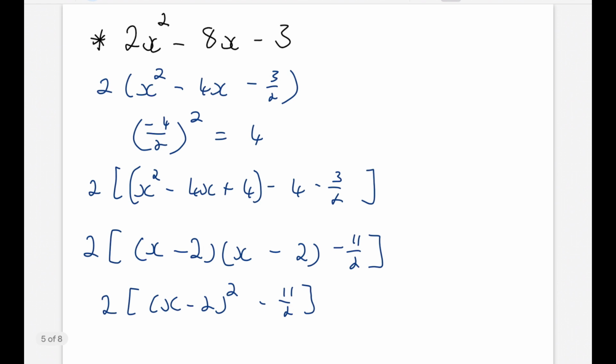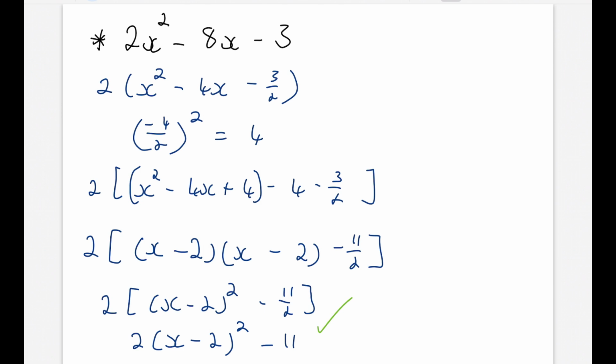Okay, now you need to introduce this 2 right in front of the bracket and to that other term over there. So the completed square would be 2 into x minus 2 squared minus 11. Because if you multiply 2 with negative 11 over 2, you'll get minus 11. So that's now the completed square.